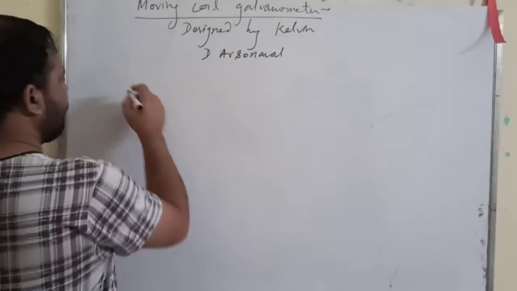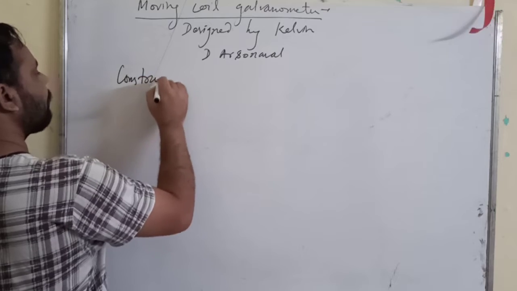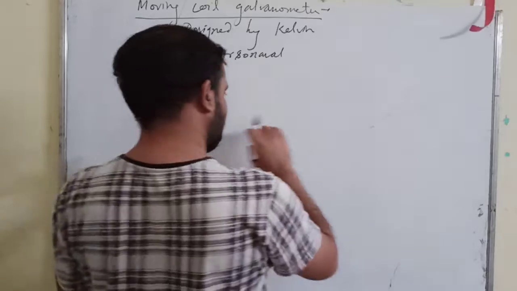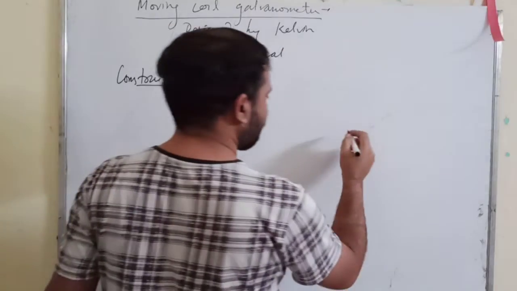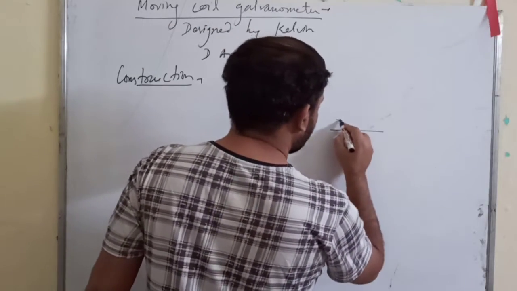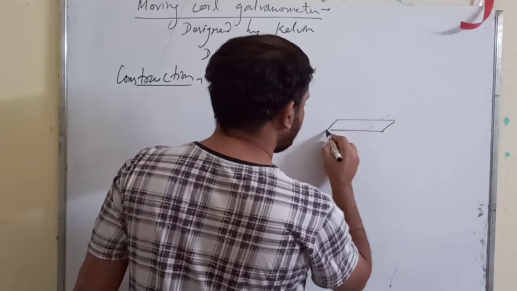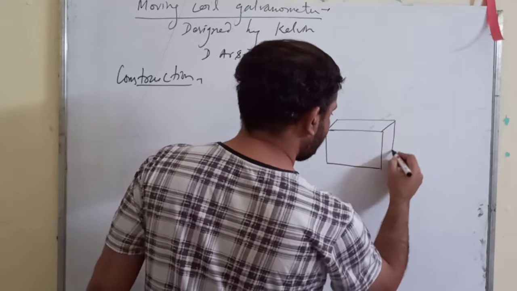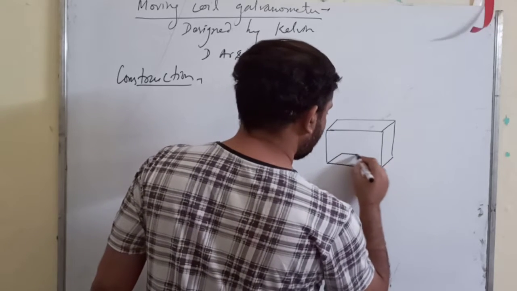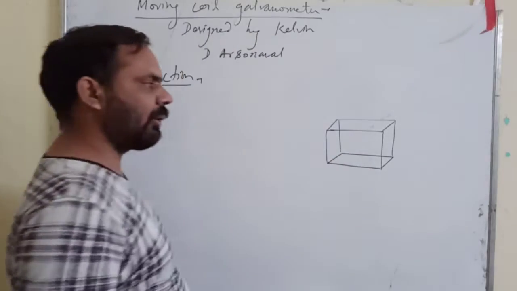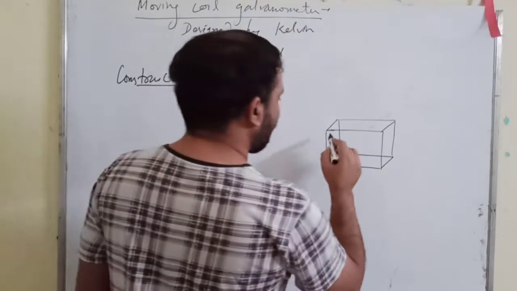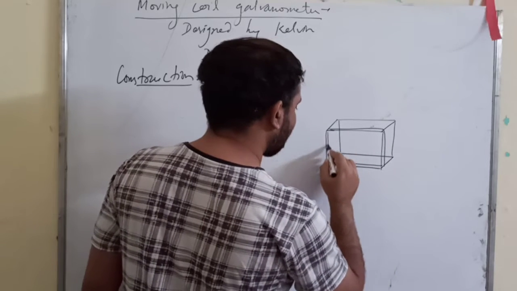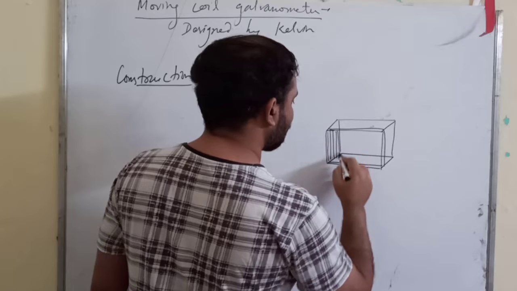Okay, now next is construction. I will explain the construction one by one. First of all, there is a non-metallic frame like this, and coils of wire are made on this non-metallic frame, means wire is wound on this.